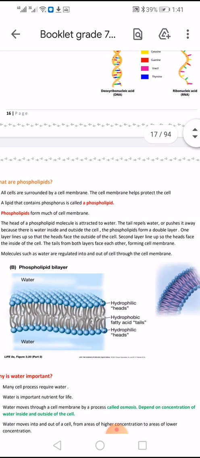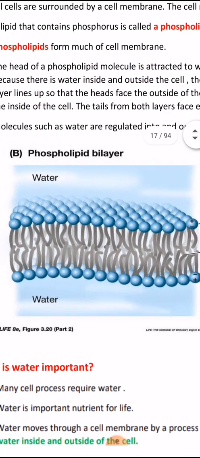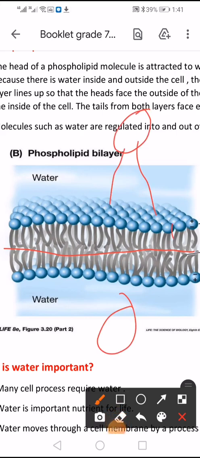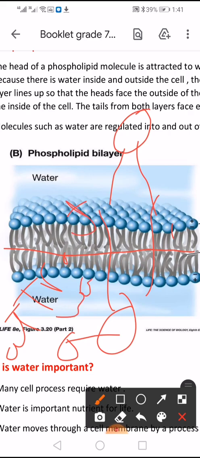The phospholipids form a double layer. Look, this is a double layer, head and tail, and here head and tail. The head attracts water, while the tail repels water.